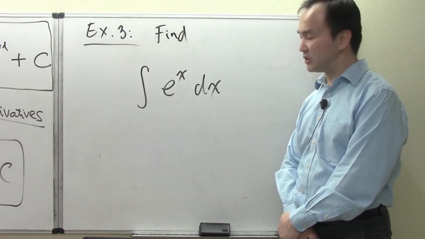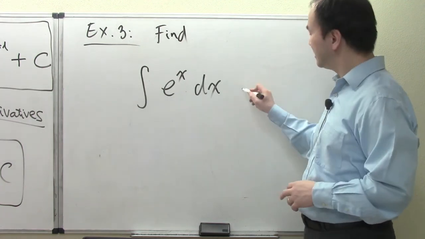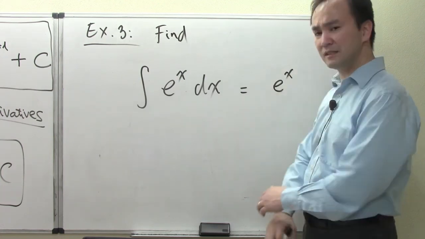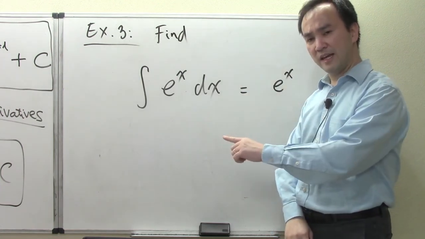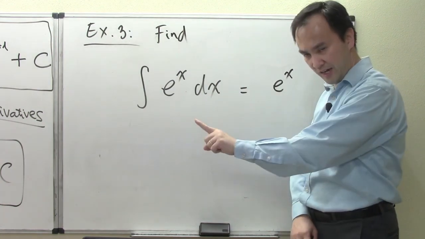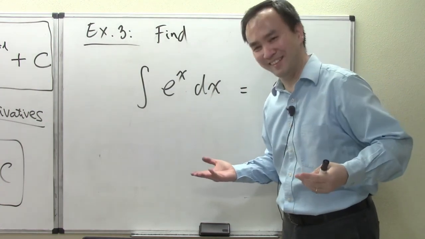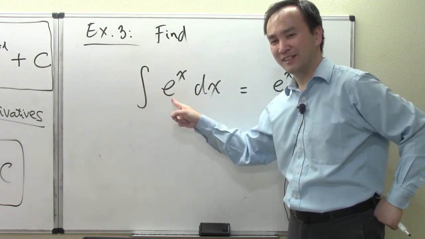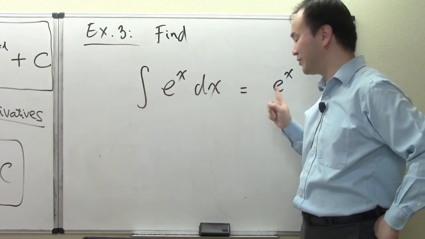Okay, take a moment to think. So isn't that just e to the x itself? Because back in the days when we were taking derivatives, the derivative of e to the x is e to the x. And so now, surprisingly, taking the antiderivative of e to the x will get you e to the x.